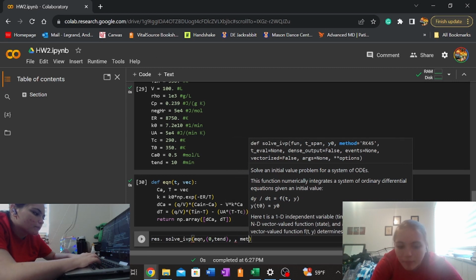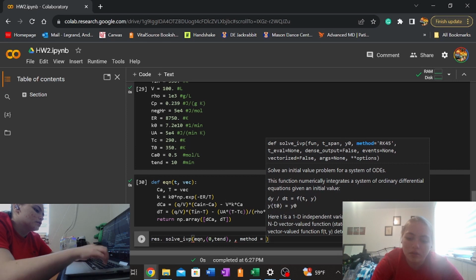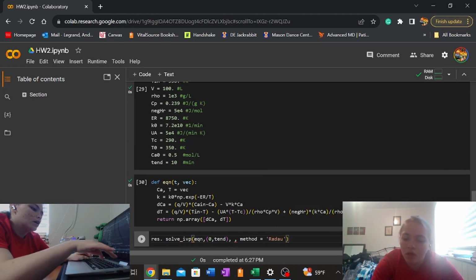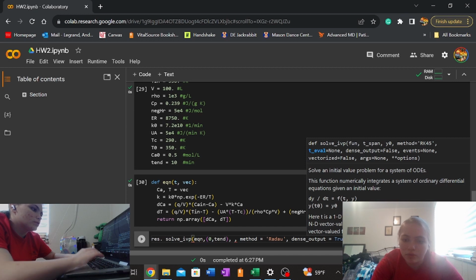We'll take a moment. And then its method is equal to Radau, and then we have dense_output equal to True.